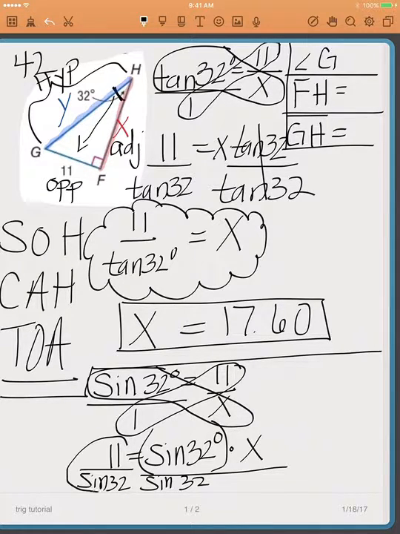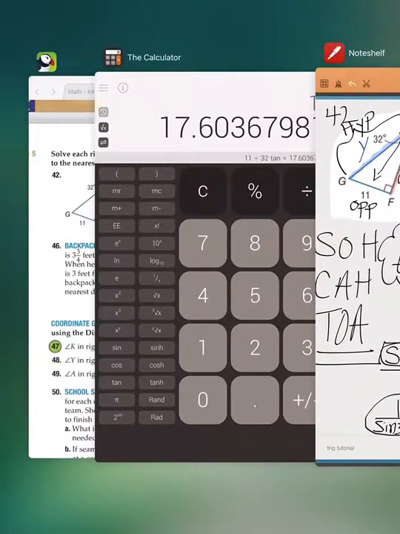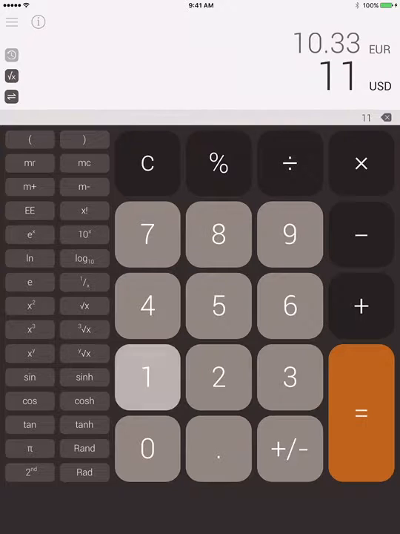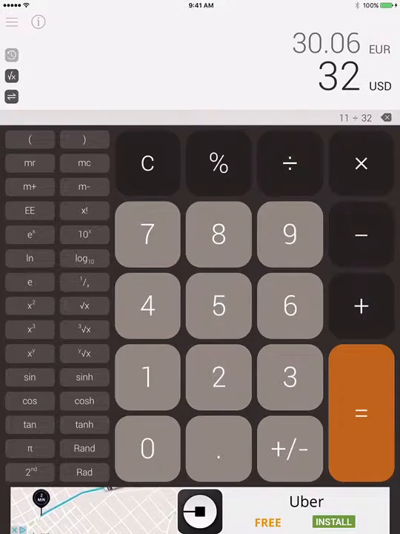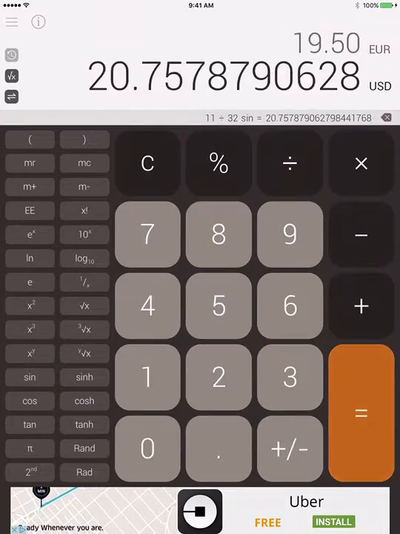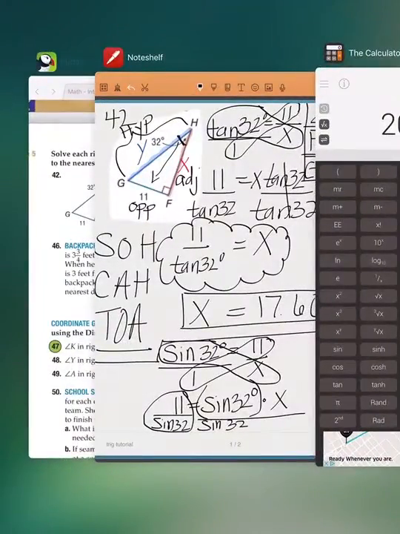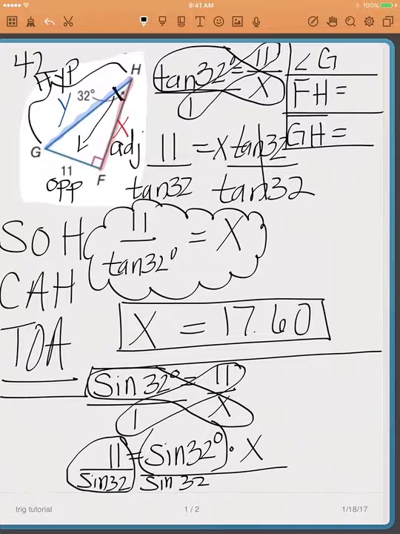And I'm just going to plug 11 divided by the sine of 32 into my calculator. So I do 11 divided by, so I need to do 32 first, and then hit sine, and then hit equals. So I get 20.76. So I found x, which is FH.